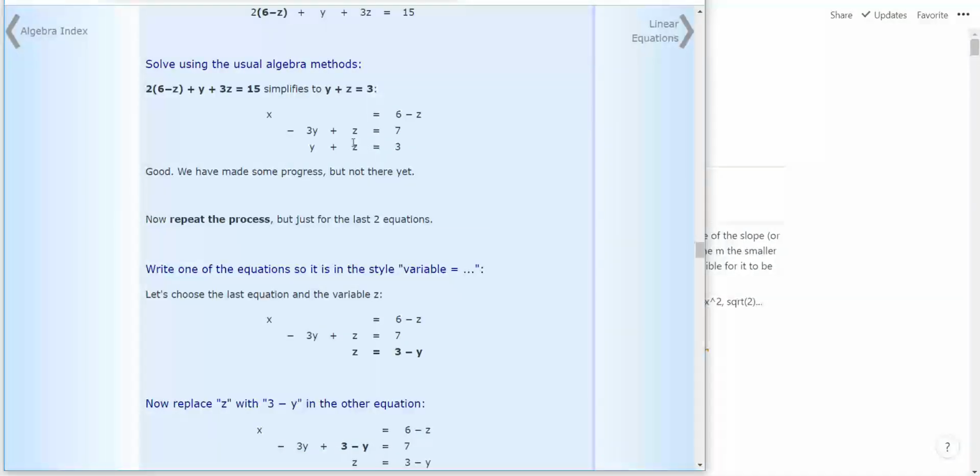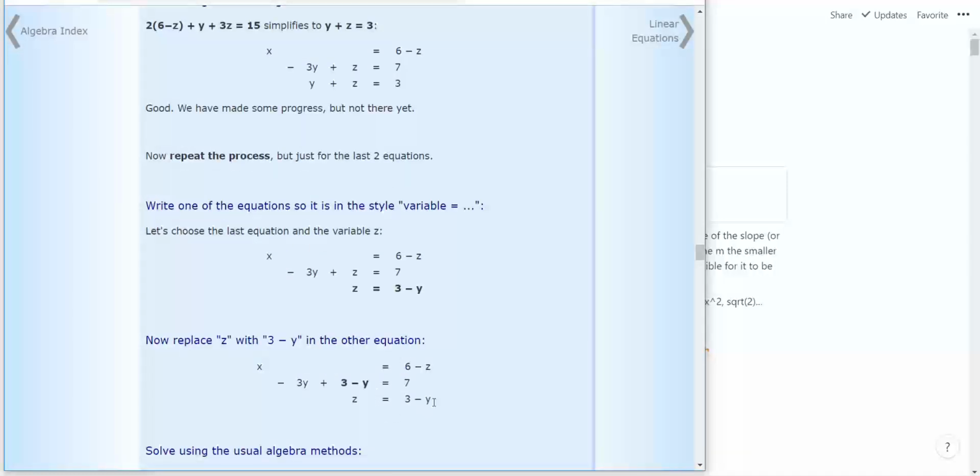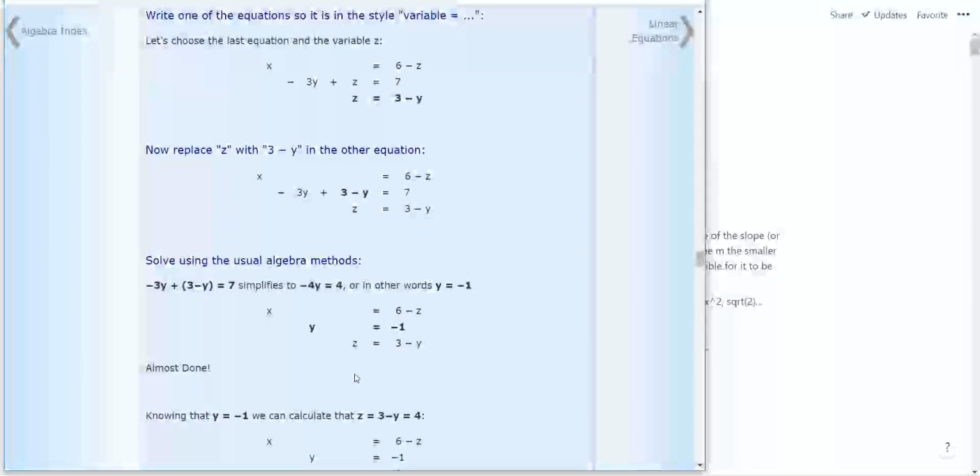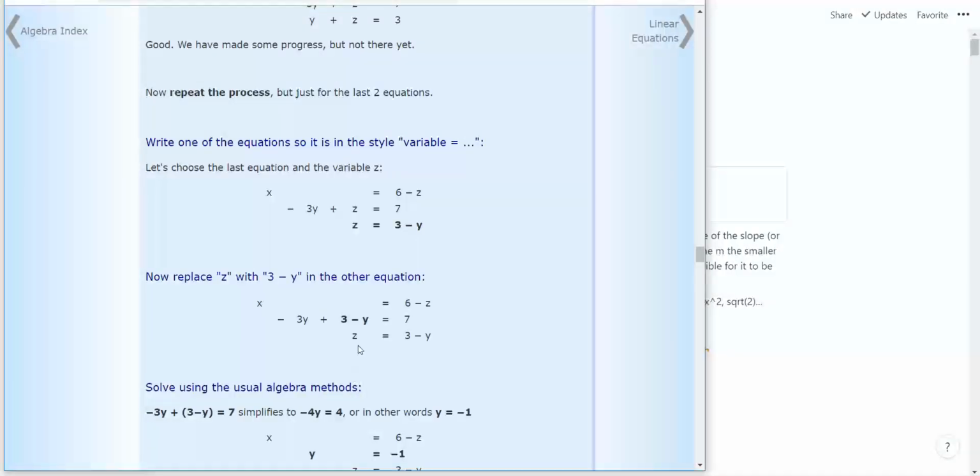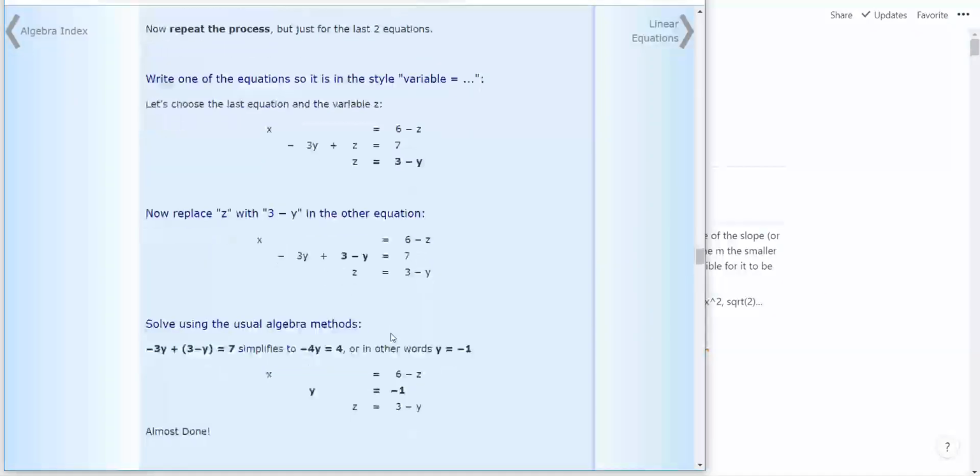Now we set this to be either y or z, so they set it to be z, and then you apply the 3y in the second equation. And if the second equation had an x, we would also substitute it here, or in any of the equations, just to get an x and a z. So we have the z and we have the x.